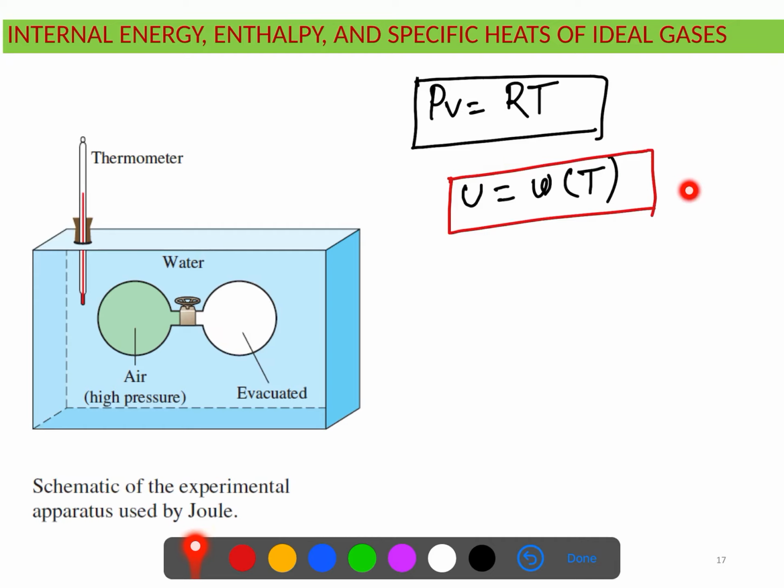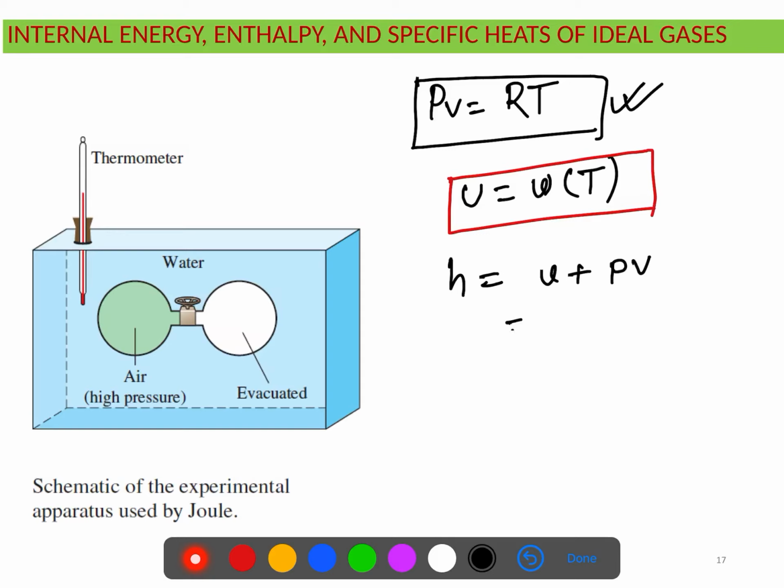We are trying to understand the internal energy, enthalpy, and the specific heats and the relations between these three. We know the definition of enthalpy, usually denoted h: h equals the internal energy u plus the pressure and the volume, Pv. From the ideal gas equation, we know Pv equals RT.